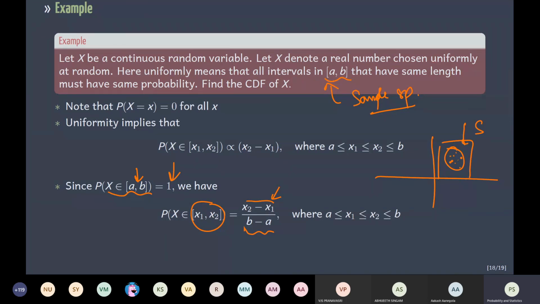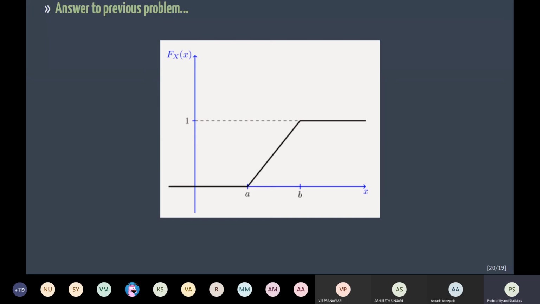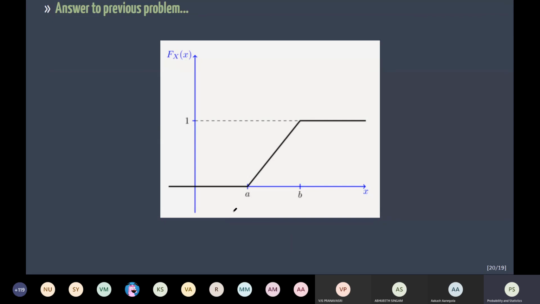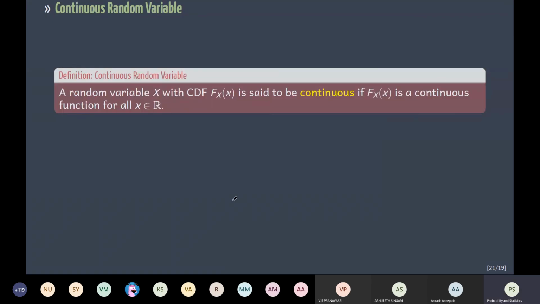Okay, so if we write down the CDF, we know that F_X(x) is the probability that X is less than or equal to x.